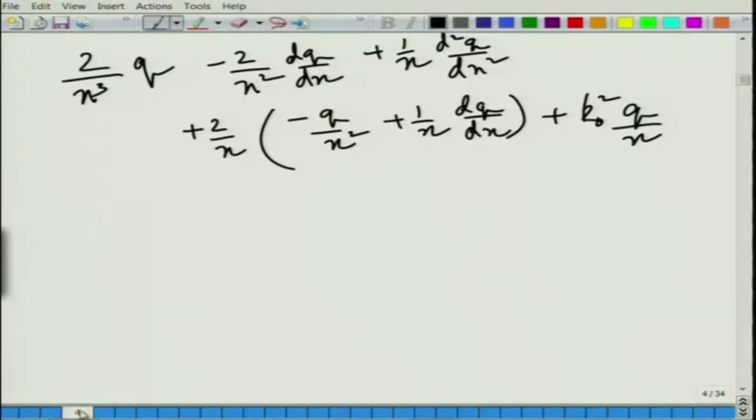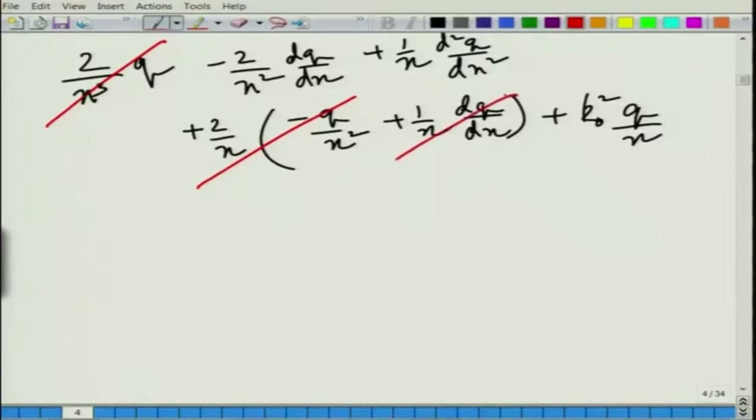With these substitutions, what can we expect? We can expect that this term and this term cancel away, right, and here you have a minus sign sitting here, and you multiply this thing.